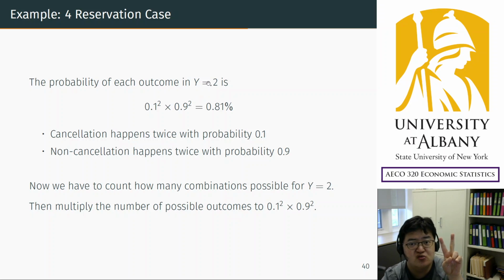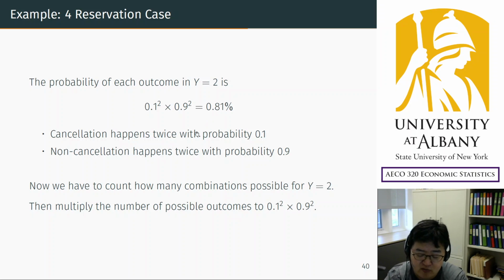There are two cancellations, so the cancellation probability is multiplied twice. And what's hidden is two non-cancellations, so 90% must be multiplied twice. So we get this probability for a single case: 0.81%.